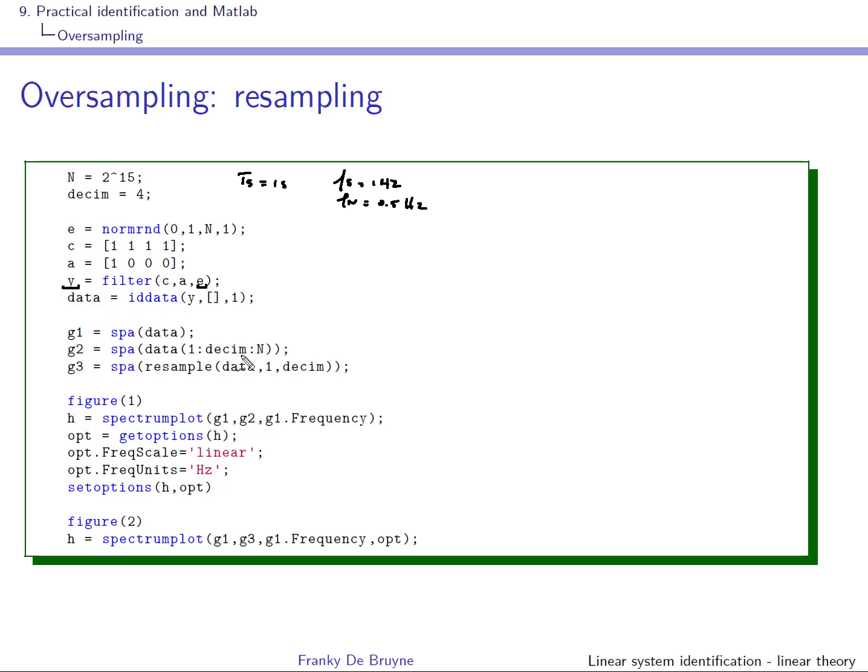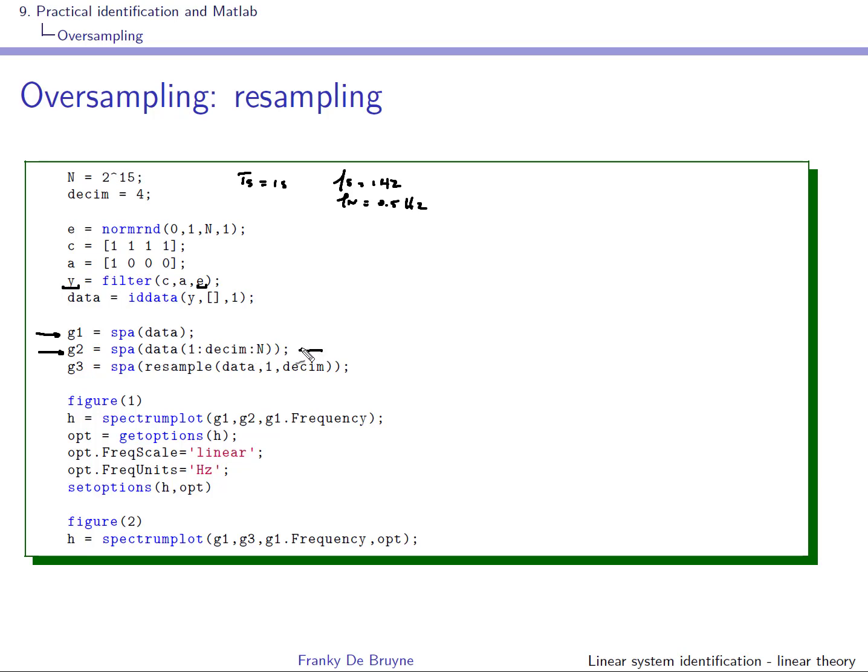So we have three spectra of the output that are going to be computed. The original spectrum is going to be computed using this command over here. Remember, SPA stands for spectral analysis. Then we'll do the spectral analysis, but on the data where you have picked every decimation-factor-th point. And as you can see, there has been no low pass filtering.